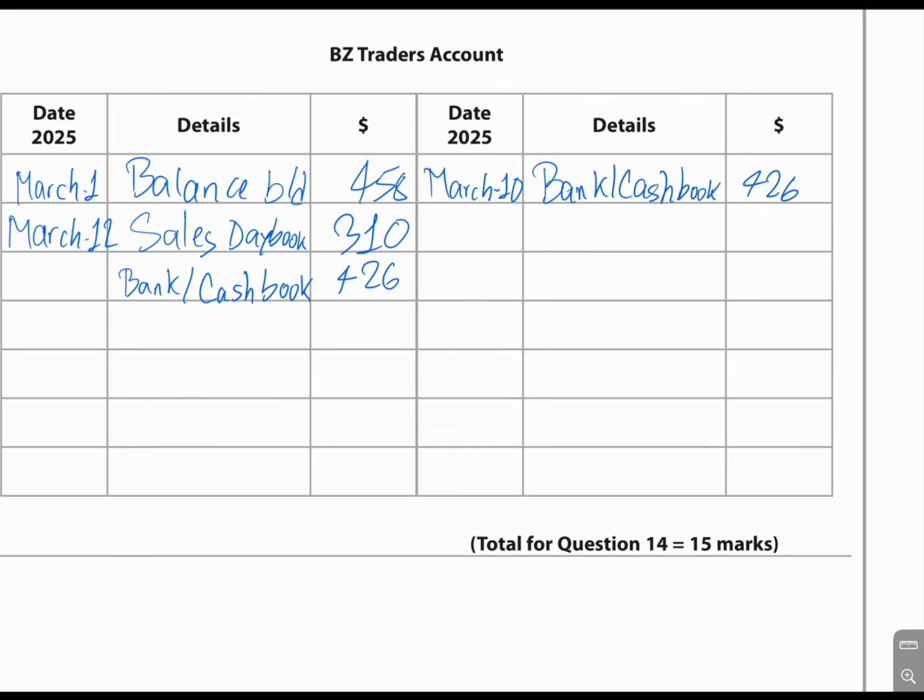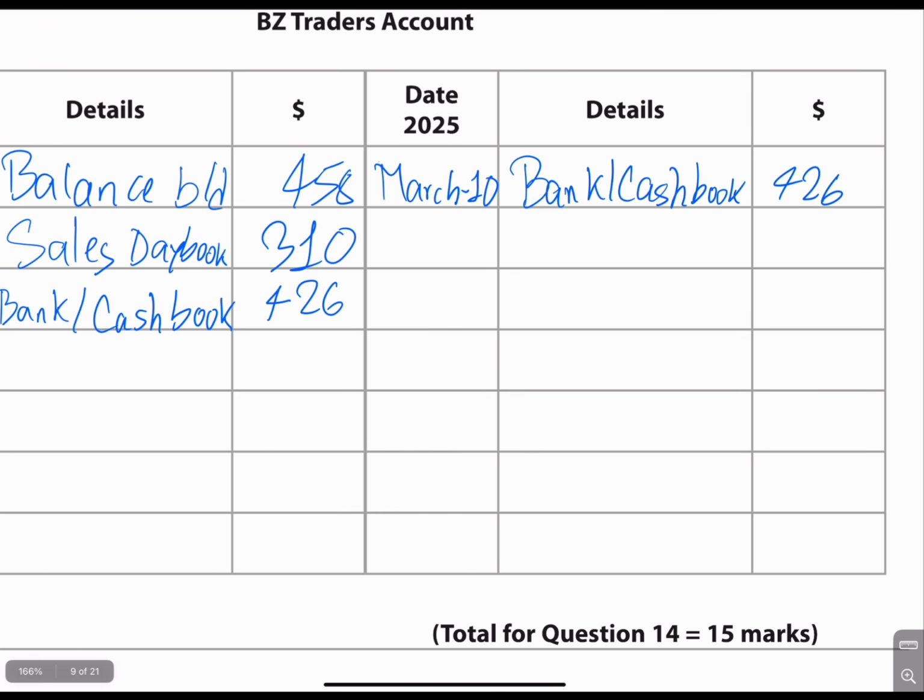How much? 32. You can either write irrecoverable debt, or you can also write journal, the book of original entry. You don't have to write both of these, you can write either one. I'm just showing the options.